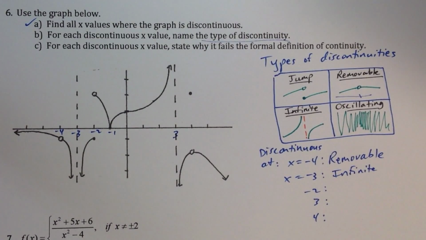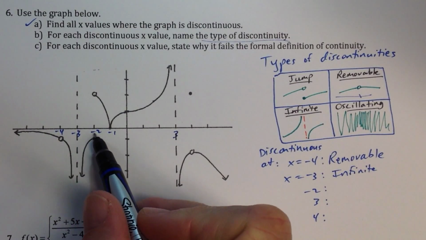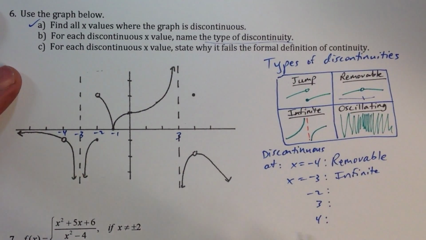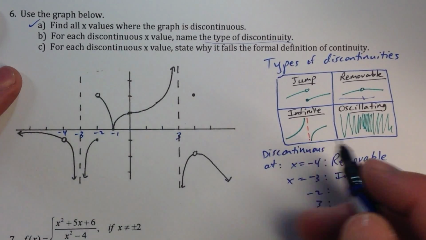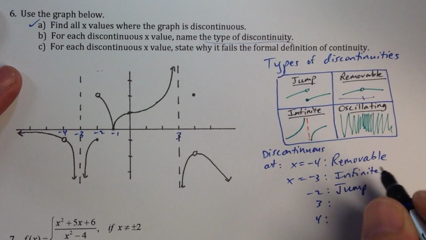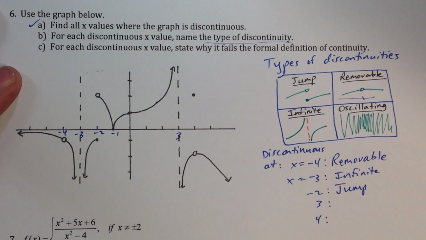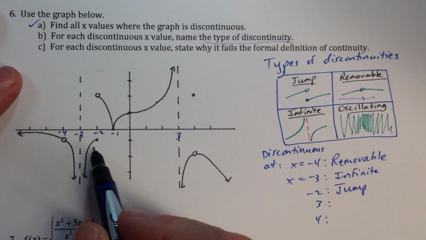So when you look over here at the discontinuity at -2, we can see the function jumps from one piece to another, and that's why we call it a jump discontinuity. But also you can't just put your pencil in one spot to fill the gap, so therefore that's non-removable.